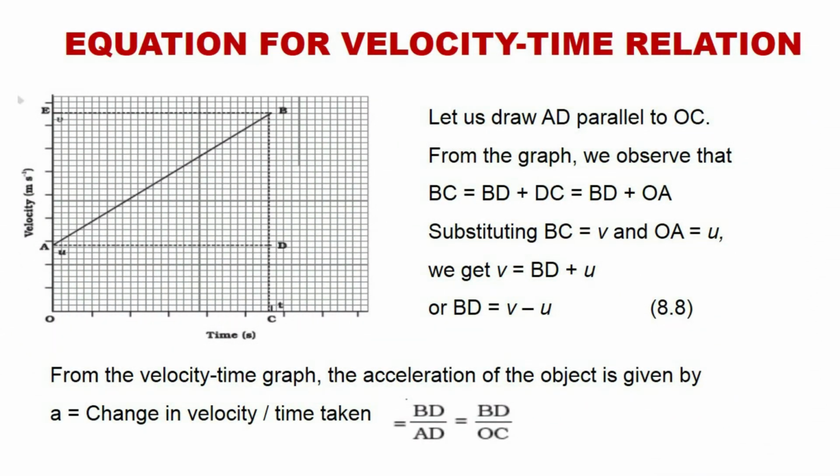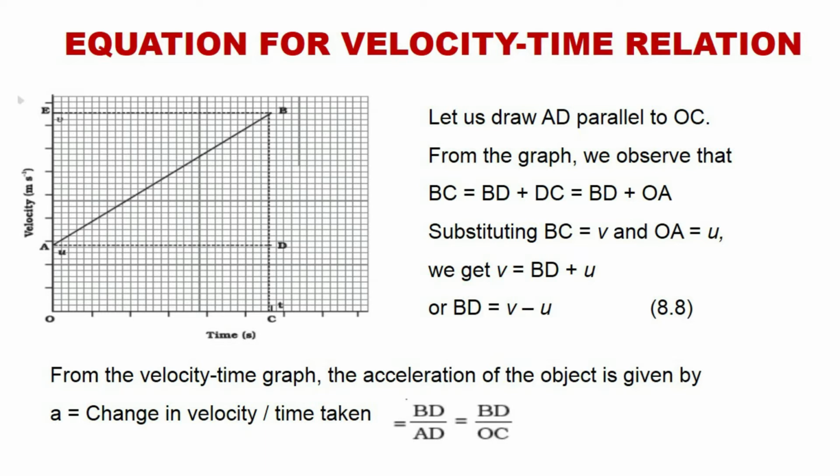Equation for velocity-time relation. Let us draw AD parallel to OC. From the graph, we observe that BC equals BD plus DC equals BD plus OA. Substituting BC equals v and OA equals u, we get v equals BD plus u, or BD equals v minus u (8.8).